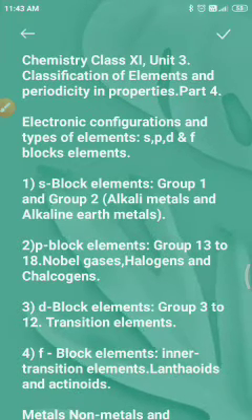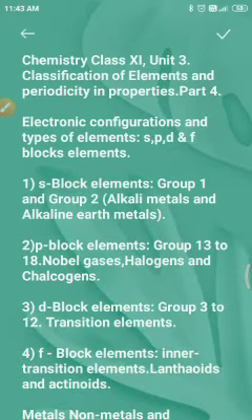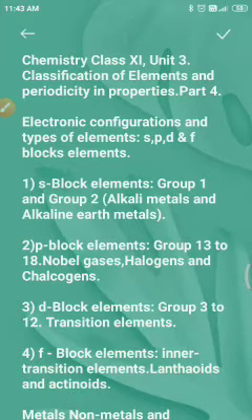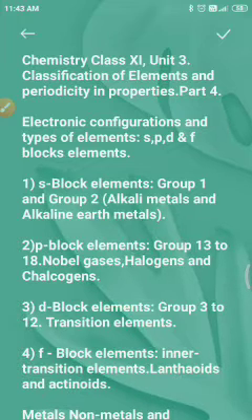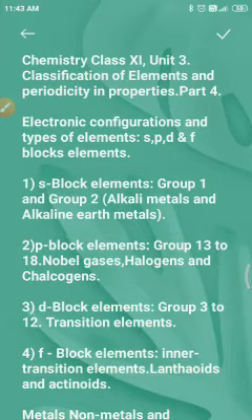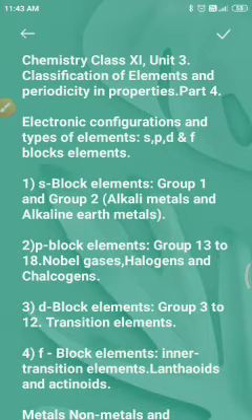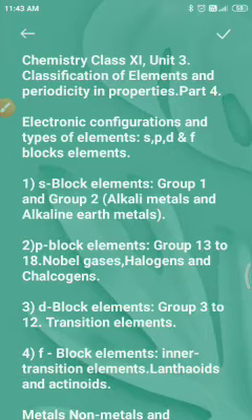Dear students, in the previous class we studied the Aufbau principle. The Aufbau principle belongs to the build-up of the elements. Based on the Aufbau principle, the electronic configuration of atoms is a theoretical foundation for the periodic classification.